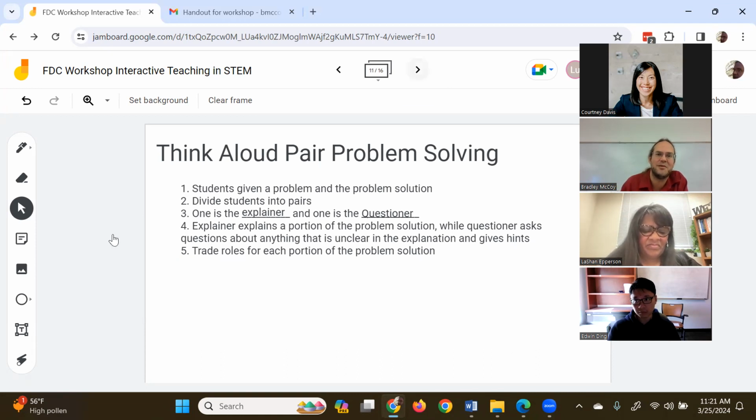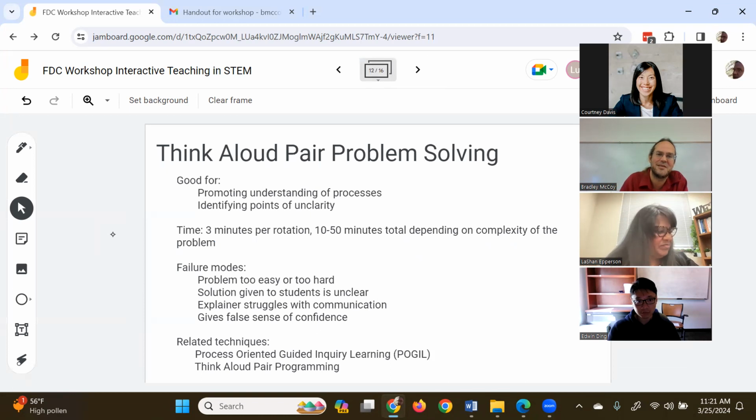We definitely have an issue within lots of these technical fields that it's easy for students to look at a solution and say, oh yeah, I get that. This is taking it to the next step, saying you have to be able to explain it. If you can't explain it, then you didn't really get it. So that prevents that false sense of security that they sometimes lull themselves into.